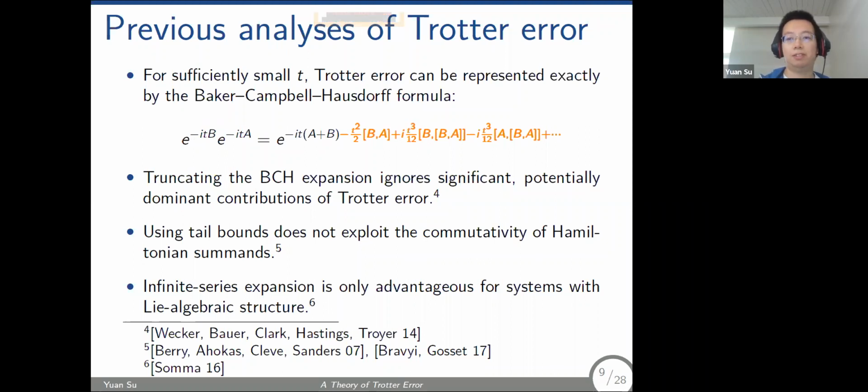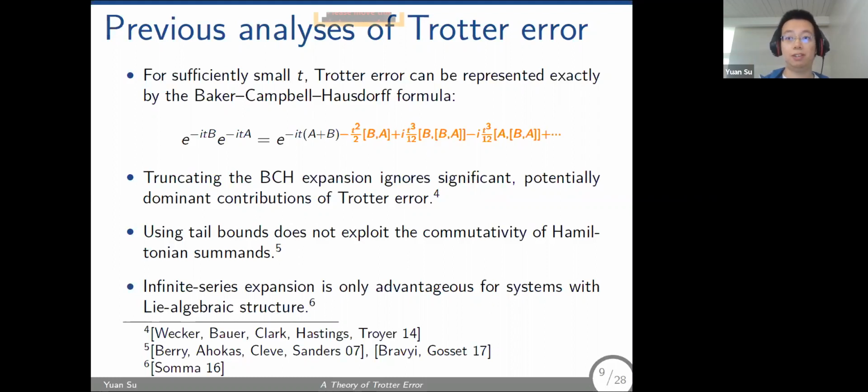So the BCH formula tells you that you can represent the error in terms of an infinite series of nested commutators. So for example, in the second order, you have the commutator of B and A. In the third order, you have [B,[B,A]] and [A,[B,A]], and so on and so forth. Well, I guess I'm a little bit sloppy here because I didn't tell you about the convergence of this series.